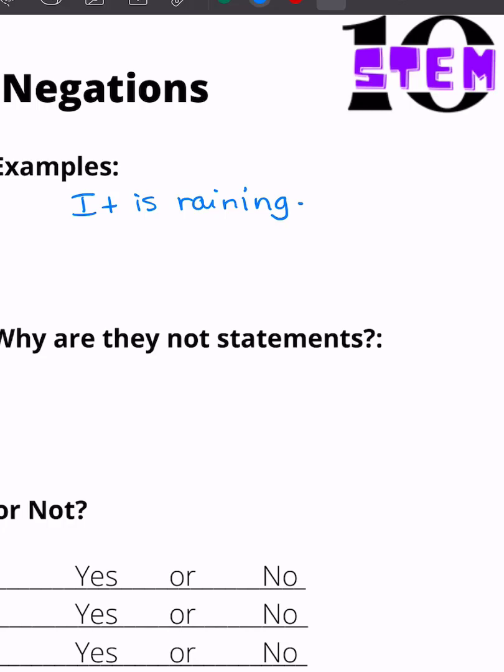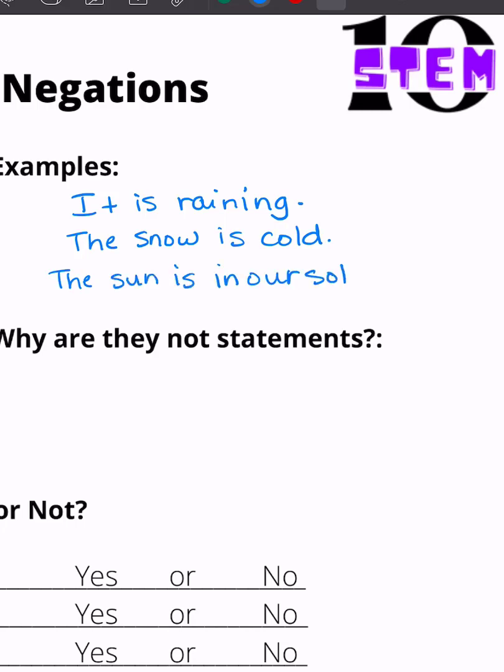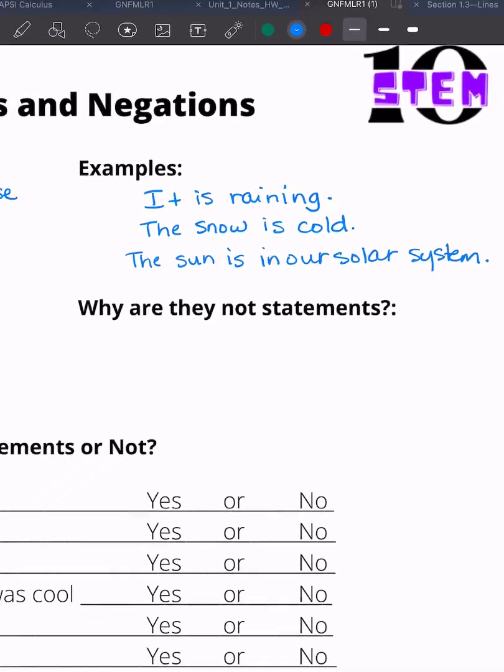Another one might be, the snow is cold. It's just a statement of fact. Another one might be, the sun is in our solar system. All of these things are examples of propositional statements.